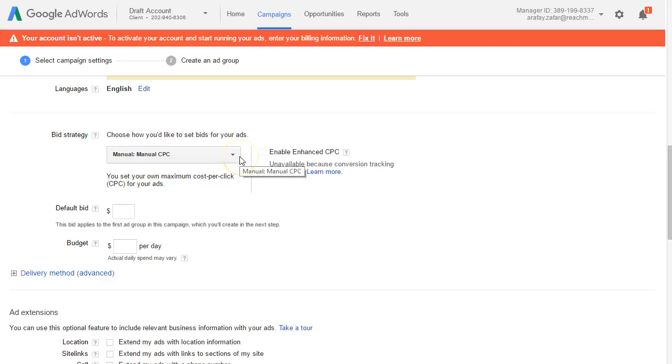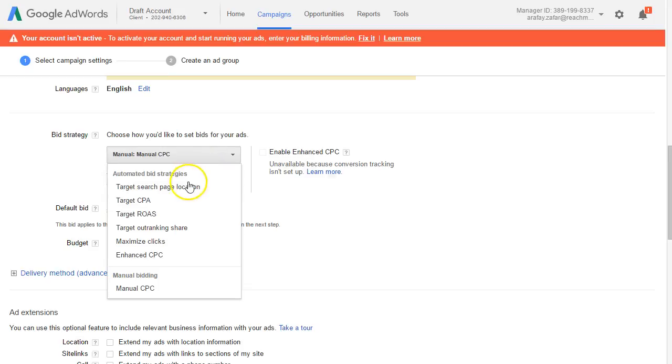But select manual CPC and then come back to this option and tick just this checkbox to enable enhanced CPC, because it gives you sort of the best of both worlds. You can allow Google to increase your bid if it thinks it will result in a conversion. This is basically what enhanced CPC is. Google can raise your bids by up to 30% if they think it will result in a conversion.